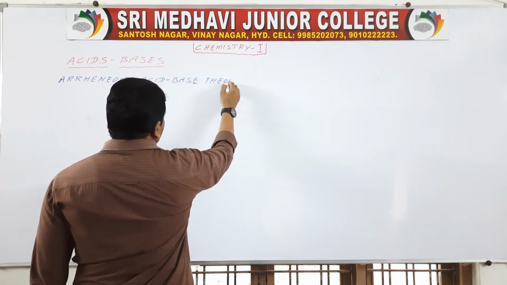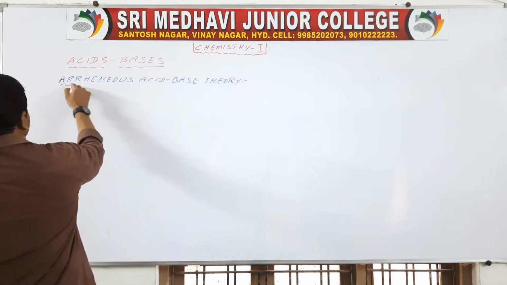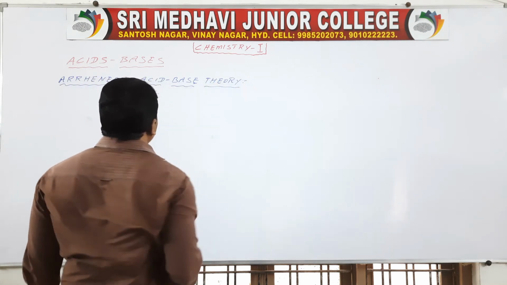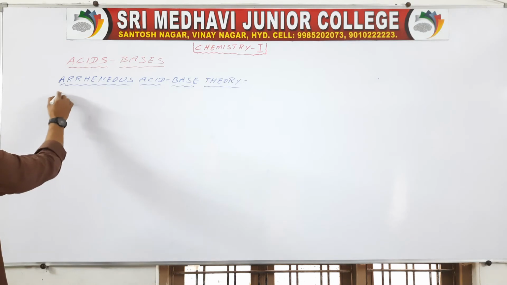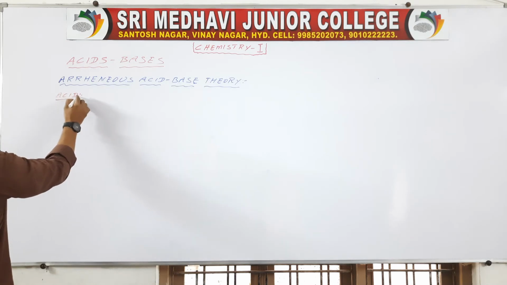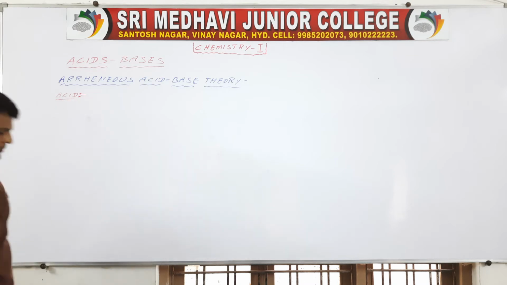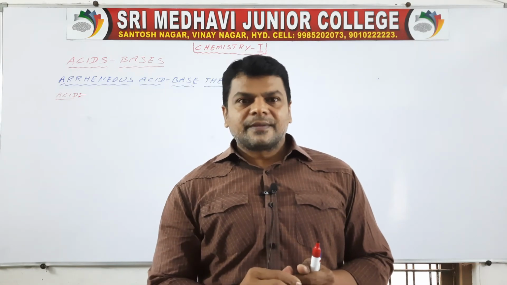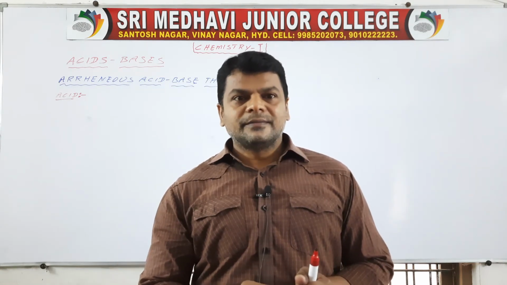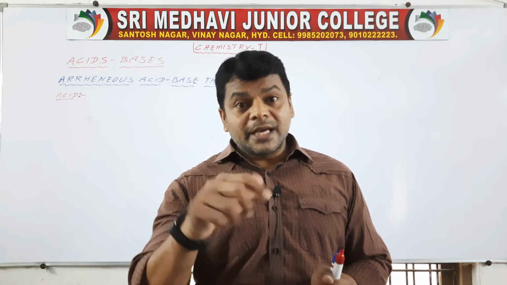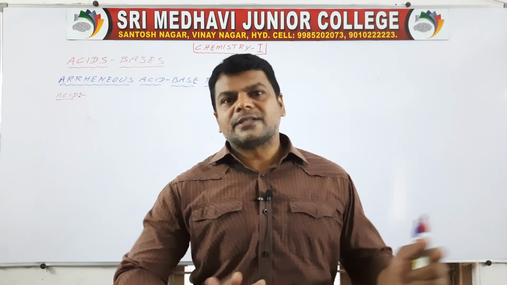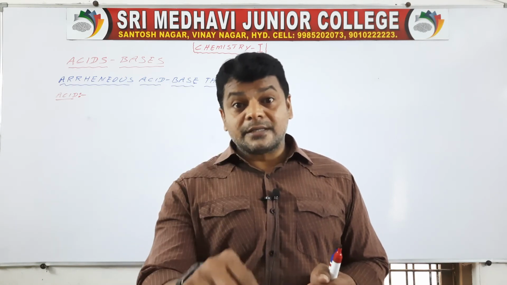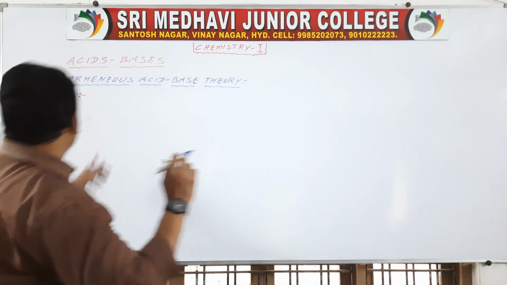According to Arrhenius, you have to know first what an acid is. The chemical substance which gives H plus ions in water is called an acid.